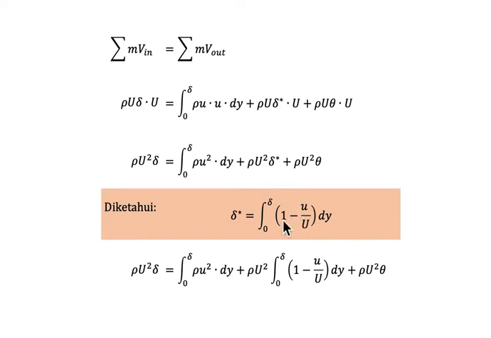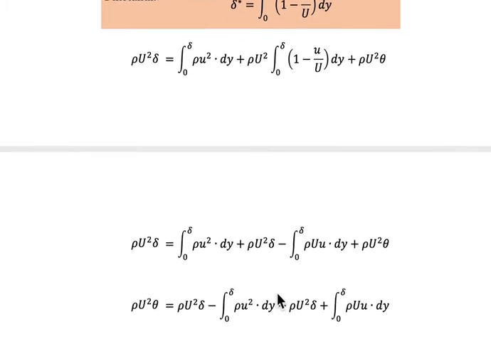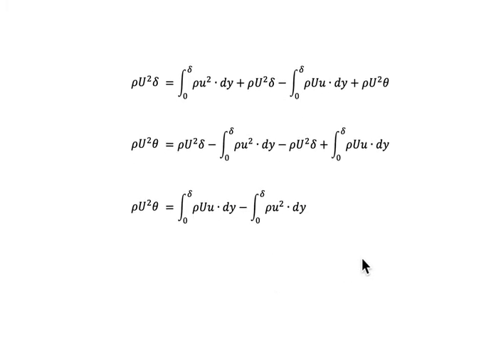To simplify this, we substitute the delta star here with the equation that we got from the previous calculation. We substitute the value of delta star in here, so we get the term of the integral. Then we simplify the terms and rearrange them. We put rho U squared delta as the subject of this equation, and then we could simplify this term into this one.